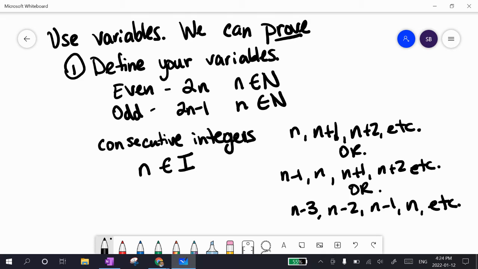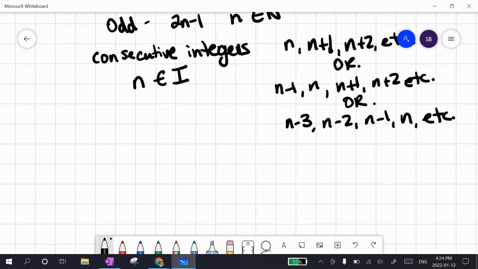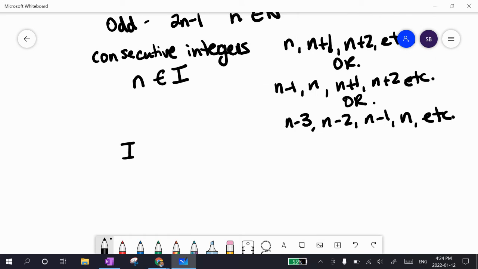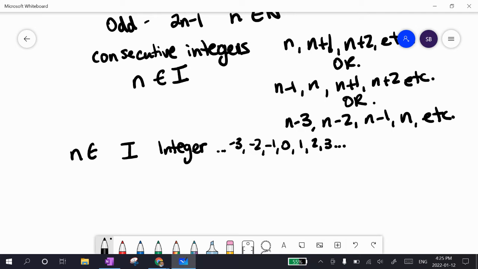Okay? So the next thing we need to really talk about is what integers are, because n is going to be a part of something, right? I stands for integer. So that could be negative. It includes 0, and so on. No decimals.